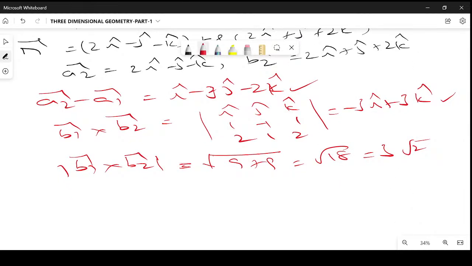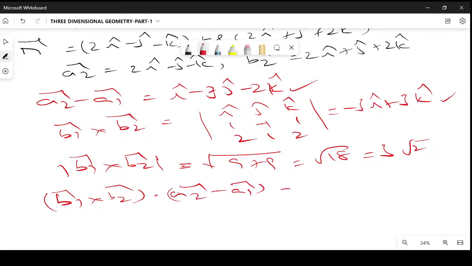Now I can write B1 bar cross B2 bar dot A2 bar minus A1 bar.